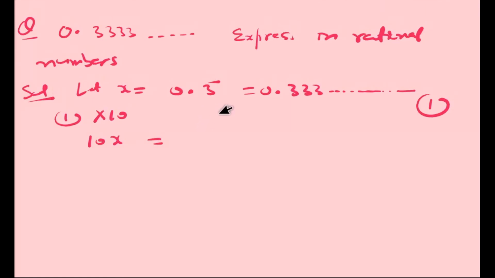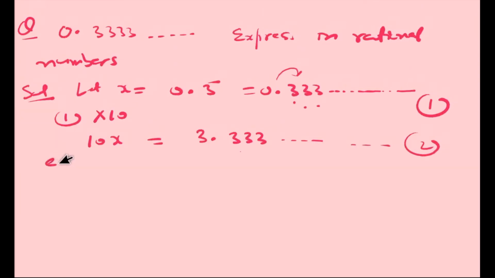Now the decimal point will move to the right side, because we are multiplying here. So we will get 3.333 and so on. Okay, this is equation 2. Don't forget to write the dashes.